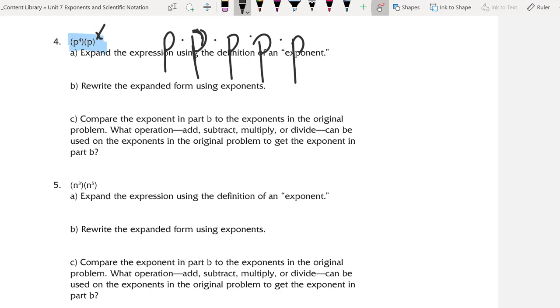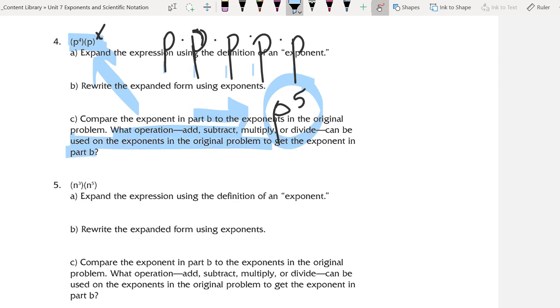So if I rewrite that using exponents, 1, 2, 3, 4, 5. So p to the fifth. From p to the fourth times p to the first to p to the fifth, what operation can be used on the exponents from the original problem to get to part B?